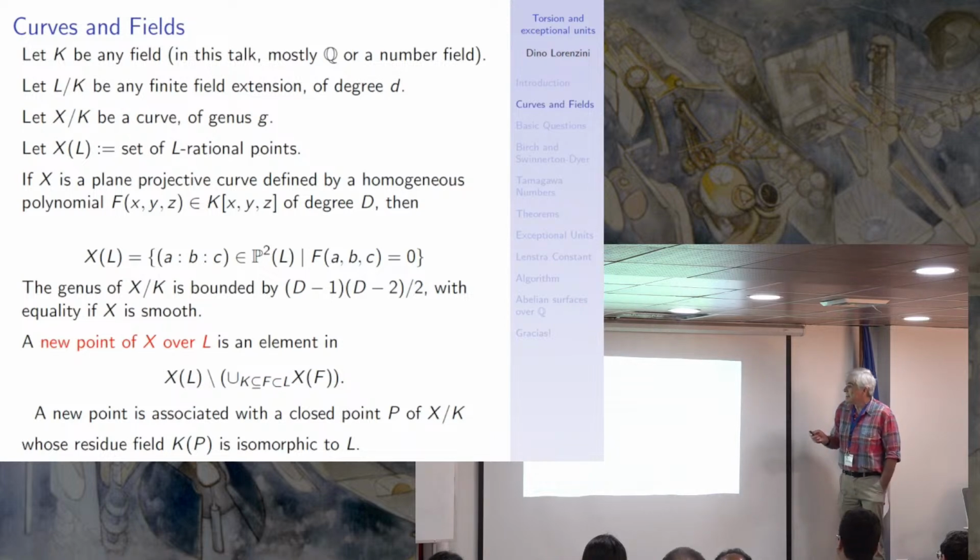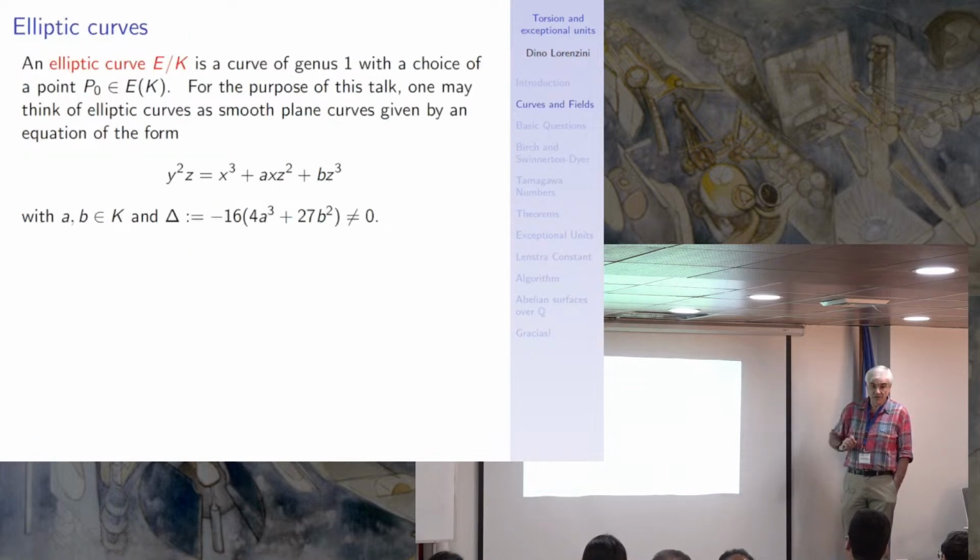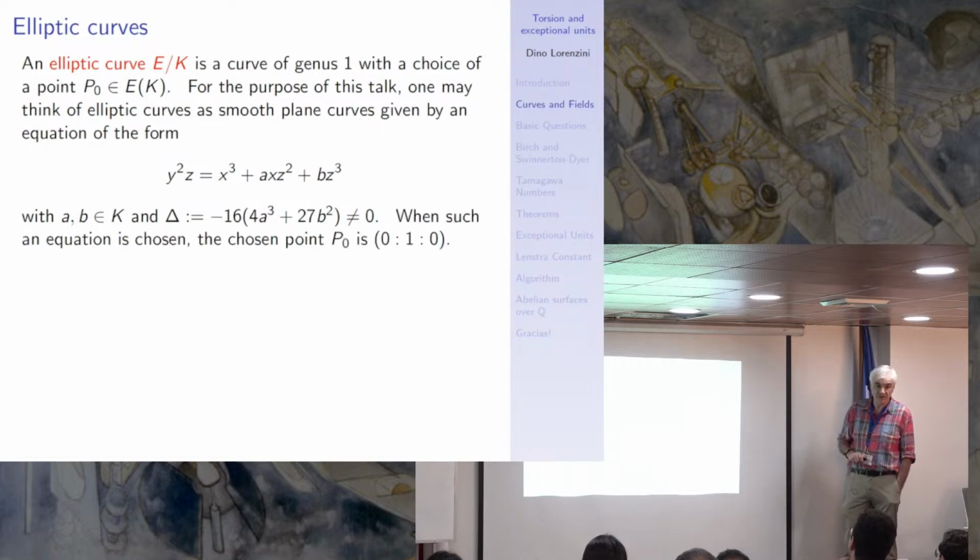All right, so elliptic curves. It's perfectly good to think about them as Weierstrass equations in this talk. They are curves of genus 1 with a choice of a point. When you put it in Weierstrass form, the point is the point at infinity, although it need not be, but it makes a better theory to take that point.